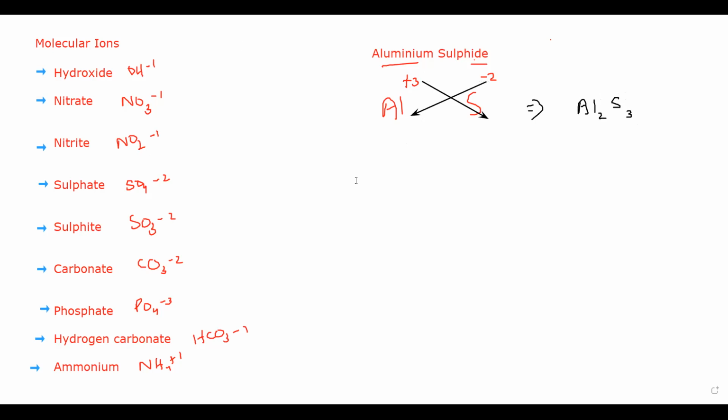But if you want to write a chemical formula for aluminium sulfate, the element aluminium is there, that is Al. But what about sulfate? The valency of sulfate is minus 2 and its formula is SO4.